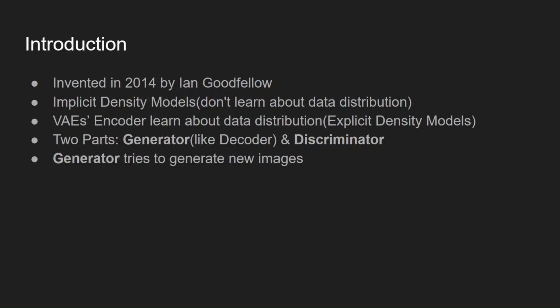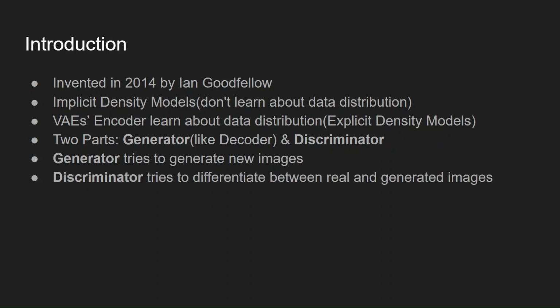So the generator tries to generate new images as discussed, and the discriminator tries to differentiate between real and generated, or real and fake, images. In this architecture, the generator and discriminator compete with each other, because the generator will try its best to produce as realistic an image as it can, and the discriminator is going to discriminate between real and fake images as best as it can. That's why there is the word adversarial in generative adversarial networks.